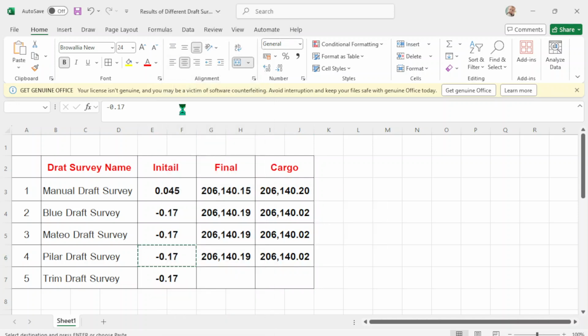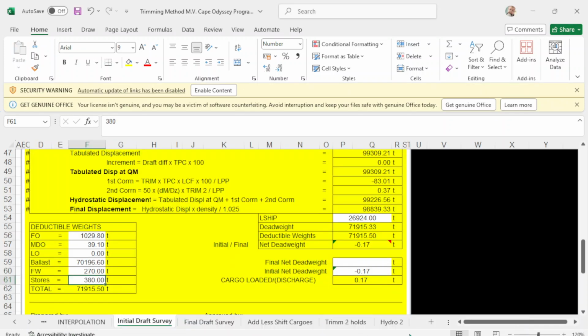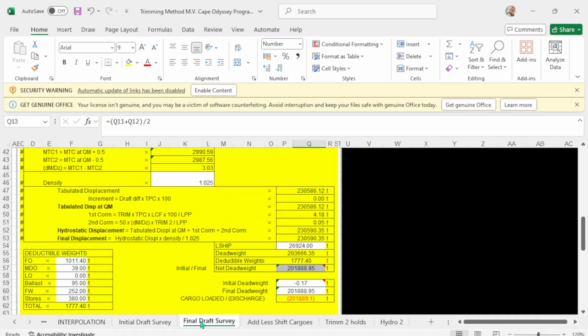Then what will be your final? Okay, so we go back and go to the final draft. The density is 1.025.